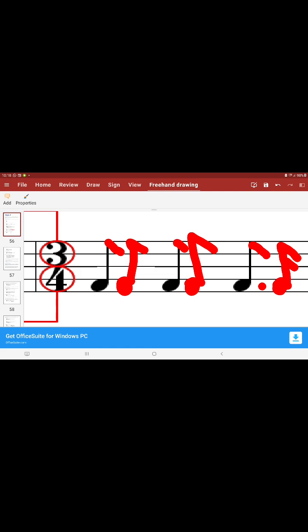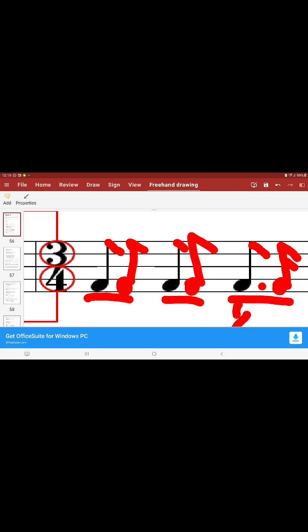This is also 3/4 because summing these together, quavers, gives us 1 crochet. Summing these 2 together, quavers, gives us 1 crochet. Now summing these together gives us also 1 crochet. The reason being that the first one here is, if you remember, a dotted quaver.